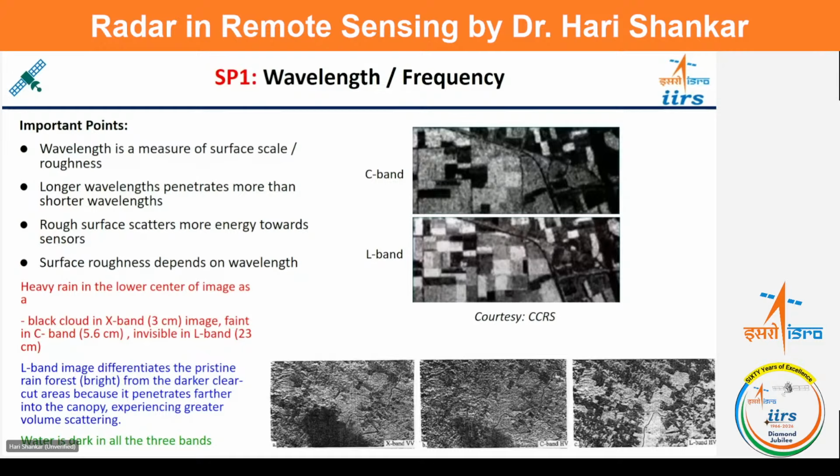But suppose the atmospheric conditions are very favorable, or you can say there is a very clear sky, so atmospheric disturbances are very low. In that case, the X band will go to the earth surface and it will take more and more information, because the penetration capability of X band is less compared to L band.